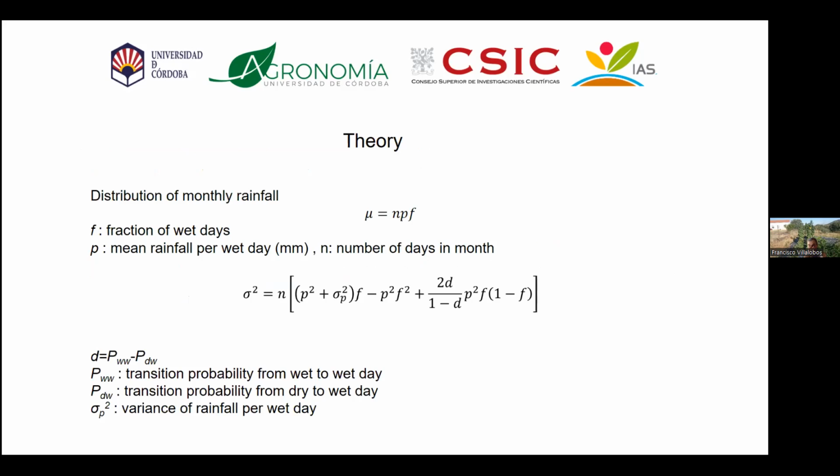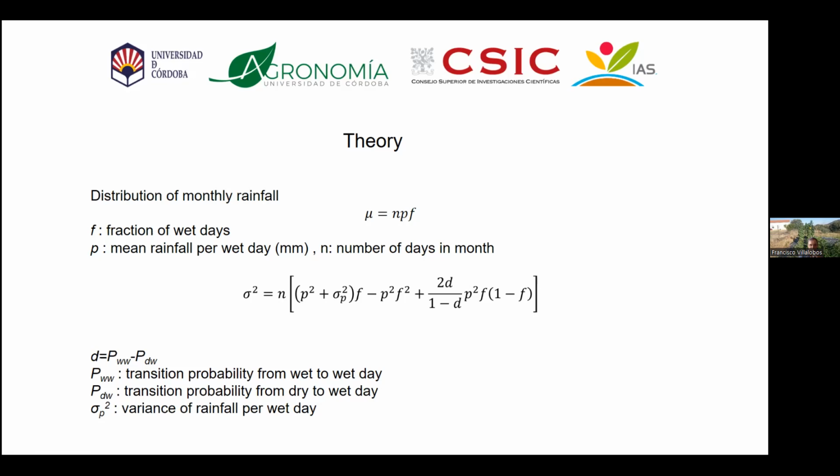The idea is that when we compose the distribution of monthly rainfall, the mean of the distribution would be the product of N, the number of days in the month, by P, which is the mean rainfall per wet day, by F, which is the fraction of wet days.